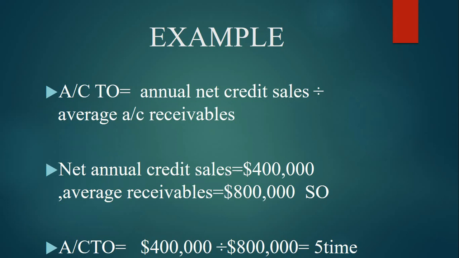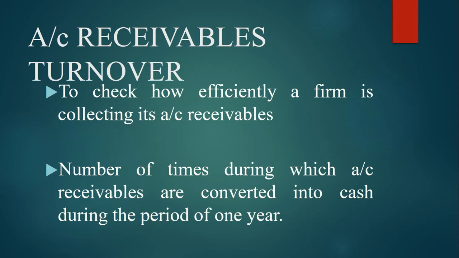So we get an accounts receivable turnover of 5 times. Now we go back. It means 5 times during the period of 1 year the accounts receivable are converted into cash. It means in 1 year, 5 times our receivables are converting into cash.